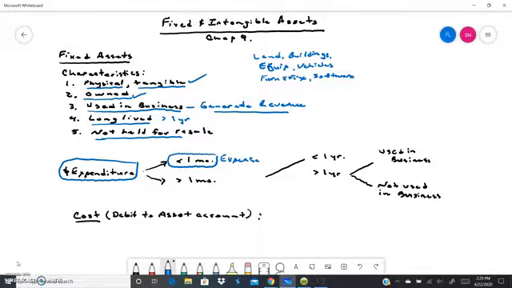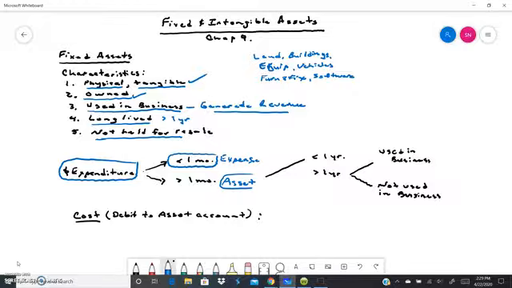Okay, so if we pay for 1 month's rent, or we pay the electricity bill, or we pay for somebody's wages, something like that would be considered an expense. So we're really interested in an expenditure that's going to be greater than a month, and now what we have is what's called an asset.